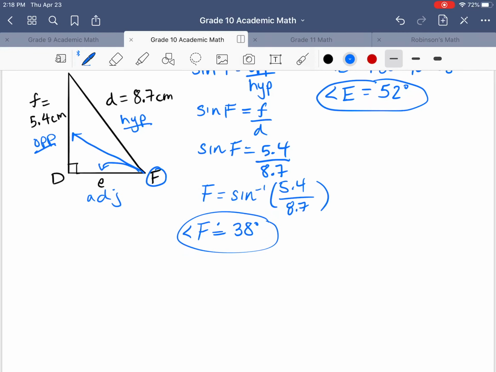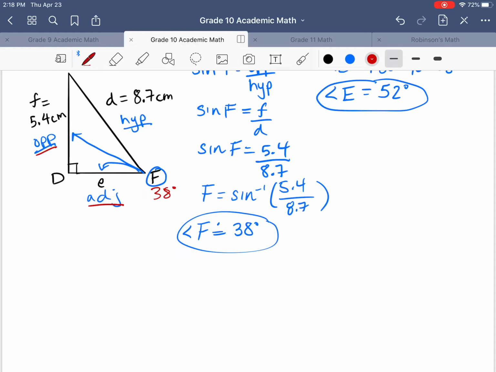So to solve for side E, we are still just going to use our angle F that we found, and we're going to use our opposite side, and our adjacent side here, which is the side that we are looking for. And we know that F is 38 degrees now.